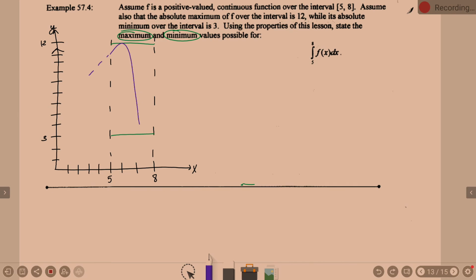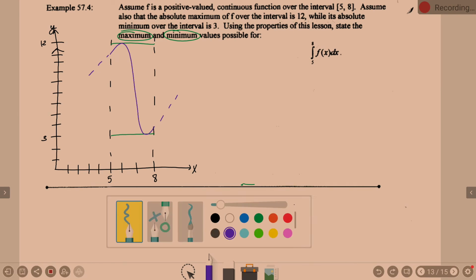And so if I just randomly draw something, and I'm just going to draw a curve in here, that's my curve. All I really care about is what's happening with that curve, though, between 5 and 8. Okay? And officially, we want the area under the curve, right?